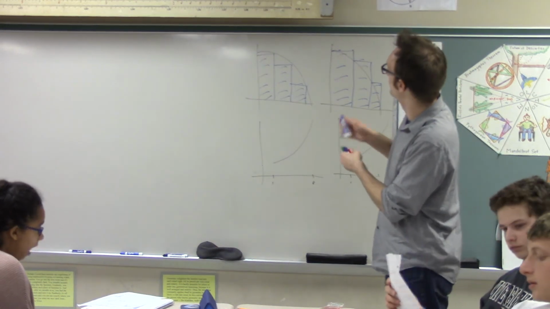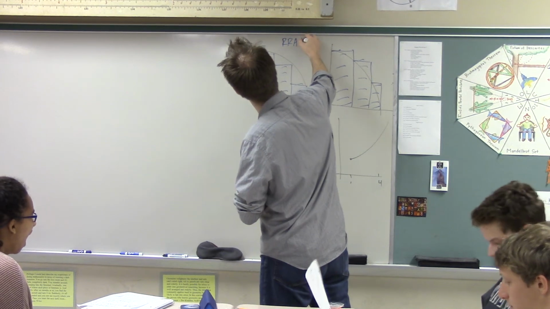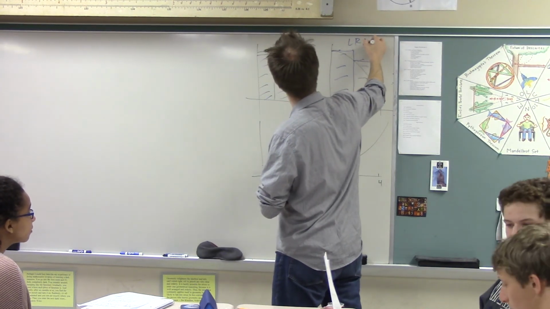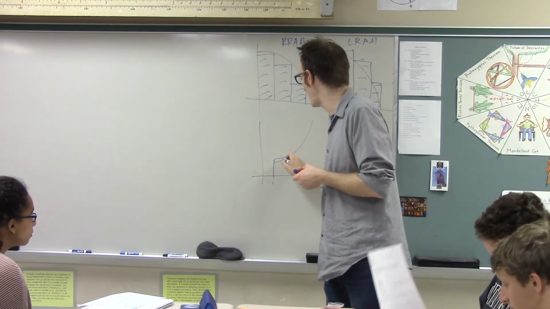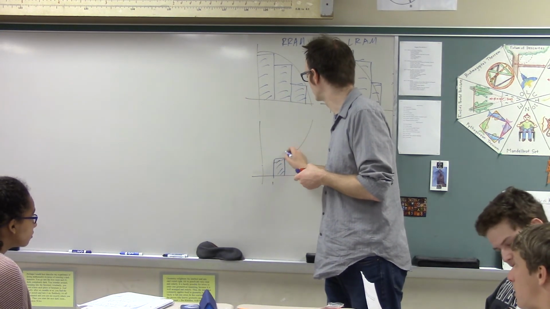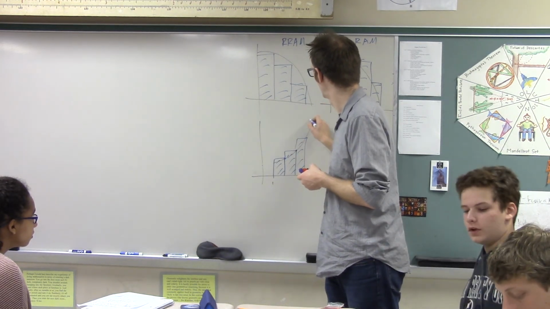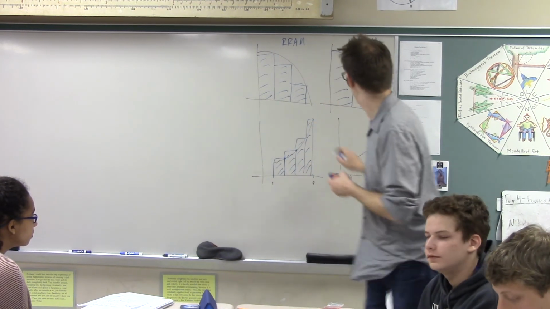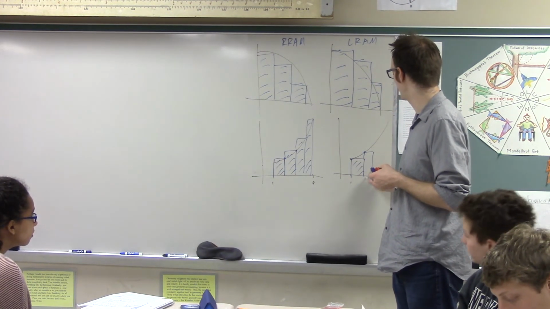Now, let this be the RRAM column, and let this be the LRAM column. Now if I draw rectangles on the right, it's going to be an overestimate. And now if I draw rectangles on the left, it's going to be an underestimate.